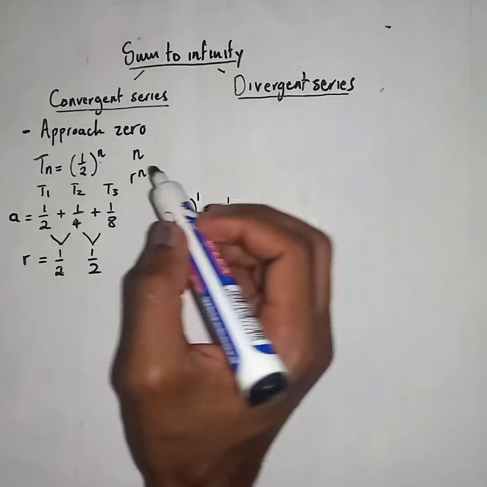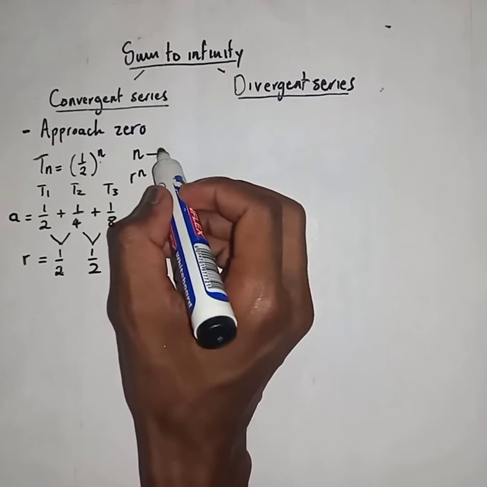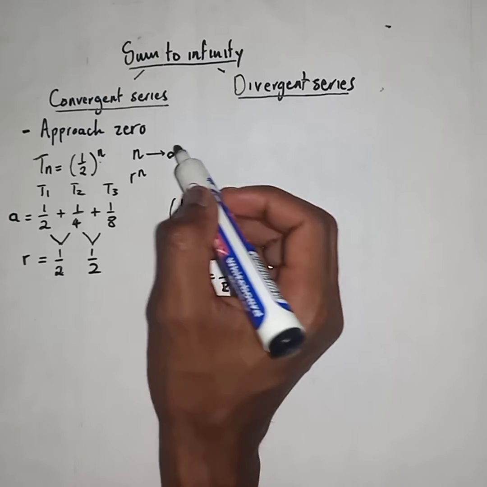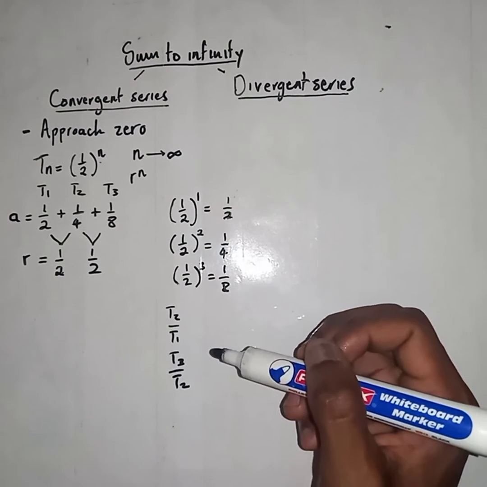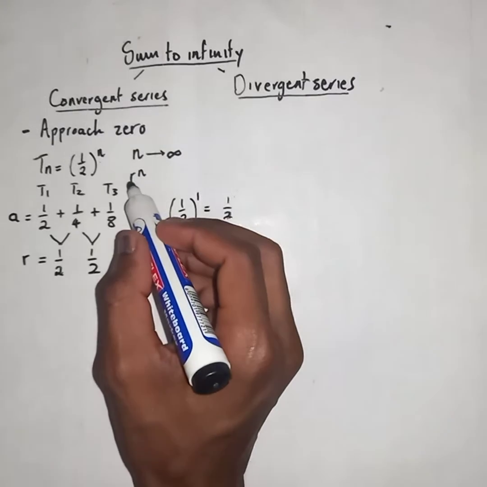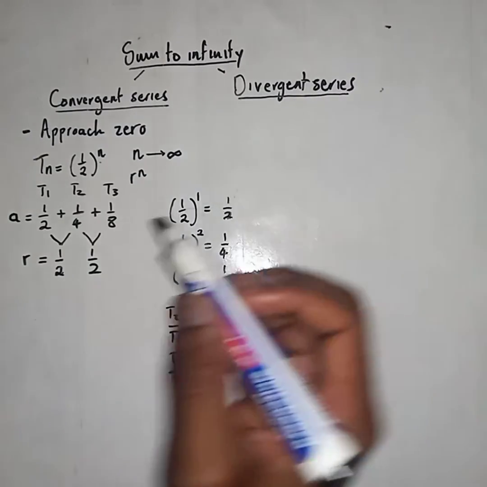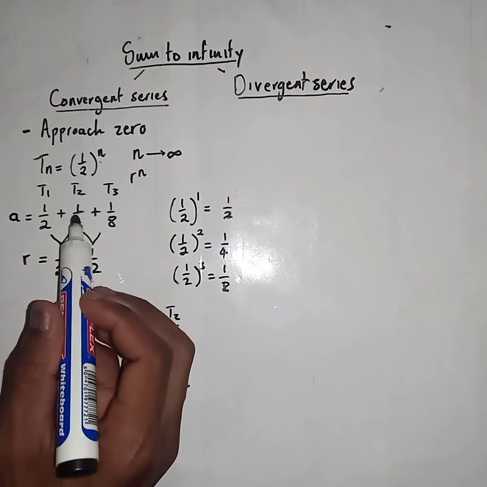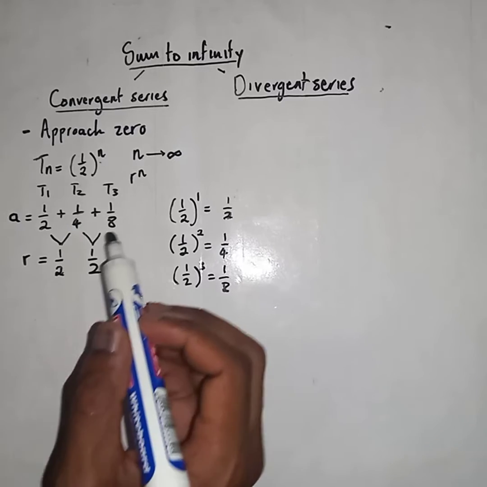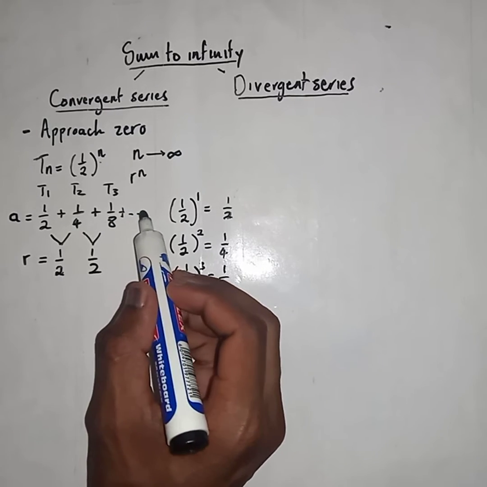If we were to continue substituting more values towards infinity, what is going to happen to the value of Rn? Let's check. Firstly, we got 1 over 2. Secondly, we got 1 over 4. Thirdly, we got 1 over 8.